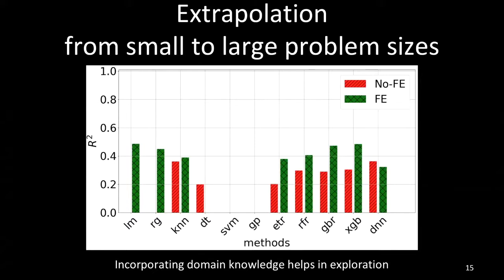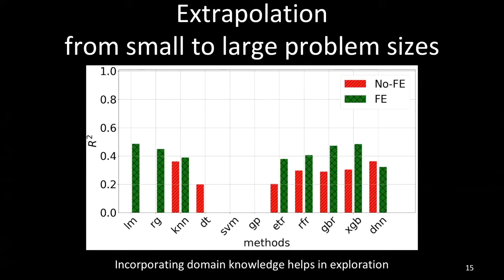So we know the machine learning methods are very good in interpolation. When it comes to extrapolation, which is outside your training regime, then it has its own limitations. However, what is important here is to see the linear model with feature engineering. If you don't see the red plot, no feature engineering, the red bar means the performance is so terrible, it's less than 0, so it didn't show up.